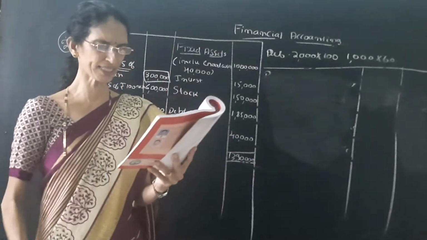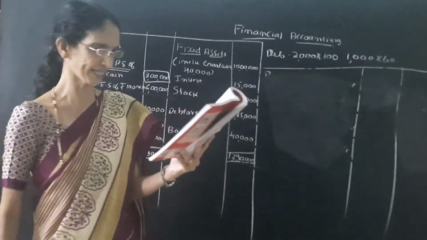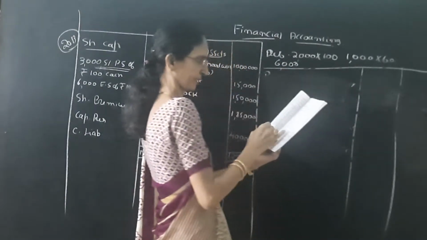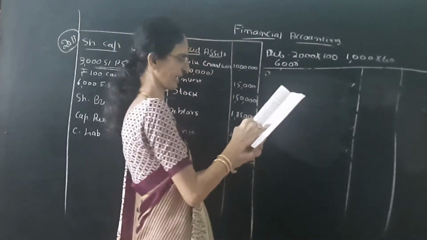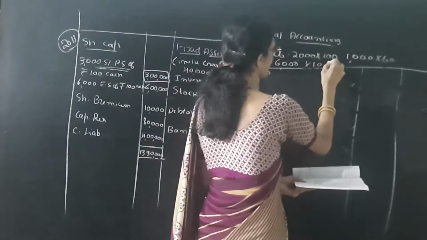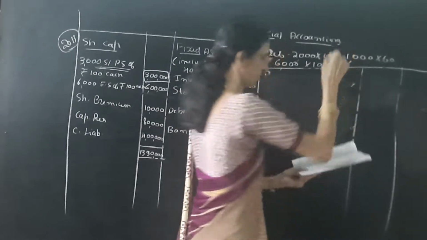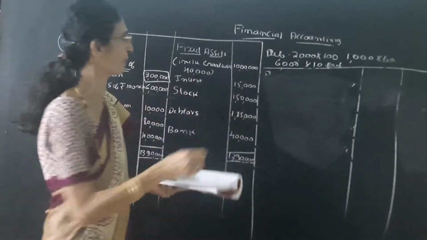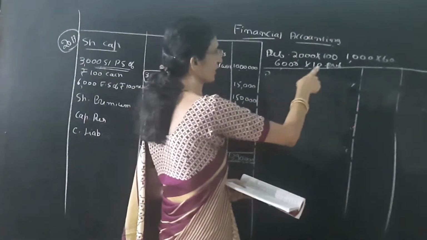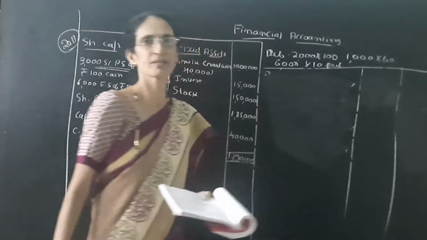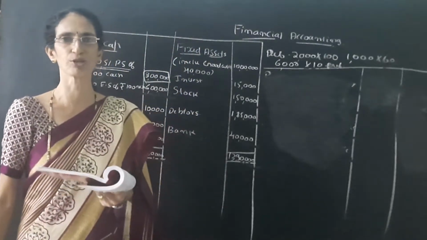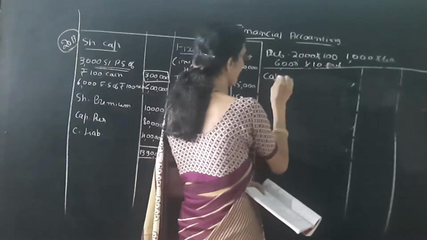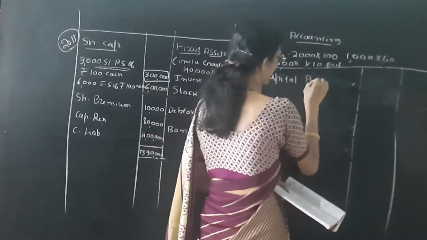The next entry: the dividend in arrears is to be settled by issue of 6000 5% preference shares of rupees 10 each. So dividend arrears should be paid out of capital reduction account. So we have to debit capital reduction account.